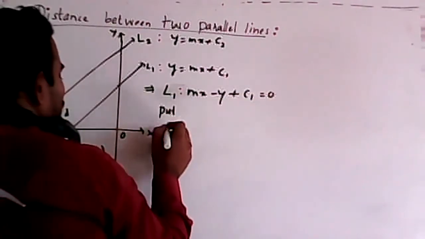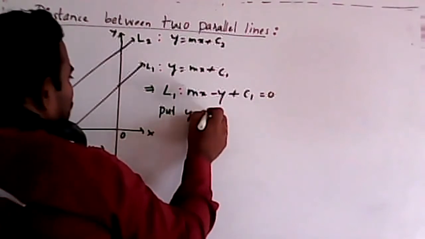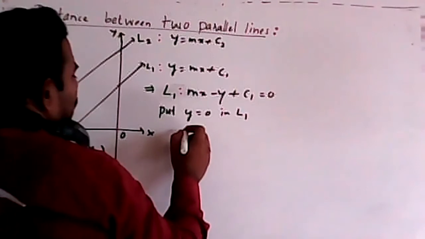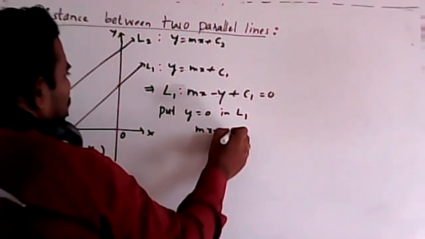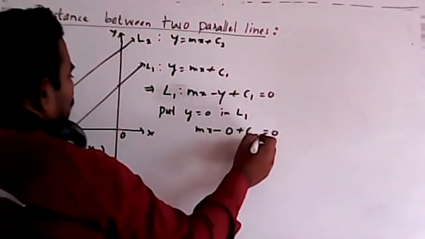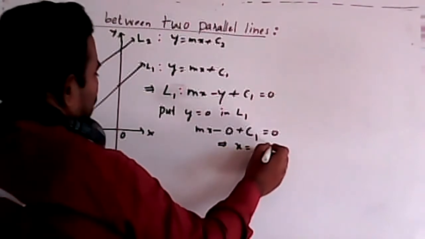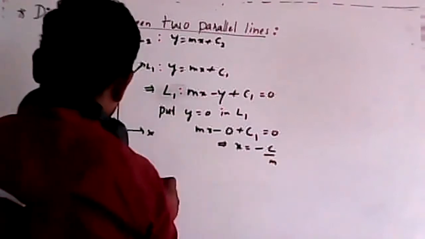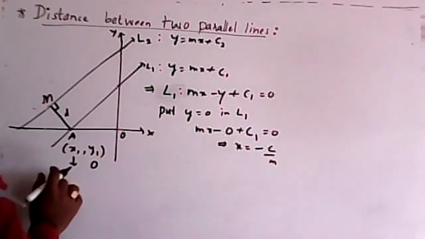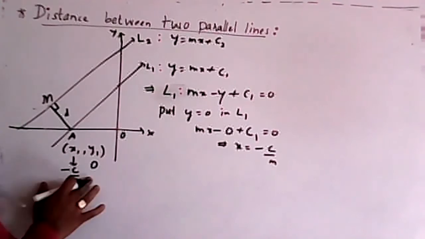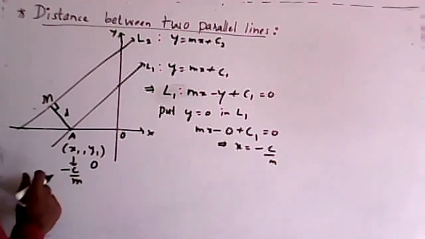Now put y equal to 0 in L1. What happens? mx minus 0 plus C1 is 0. This implies that x is equal to minus C1 by m. We got this as minus C by m. Correct?